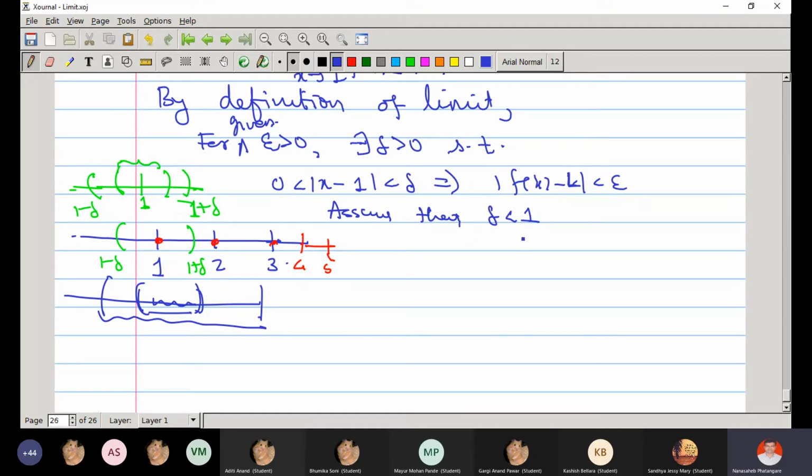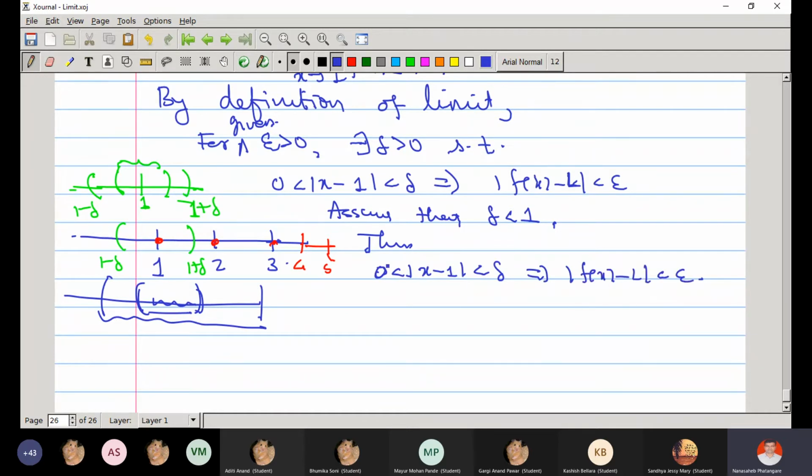So I will choose delta less than 1. There is no harm, there is no ambiguity, there is no violation of any rule, because whatever delta we have, if already delta is less than 1, fine. If it is bigger, then I will cut it down and choose a smaller one. Assume that delta is less than 1. Then if 0 < |x - 1| < delta, then |f(x) - L| is less than epsilon. Fine.